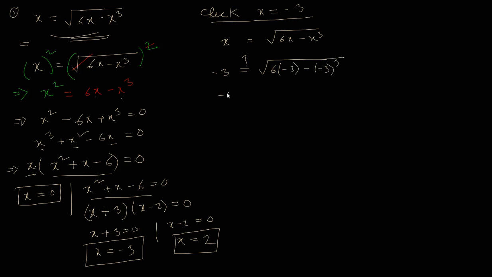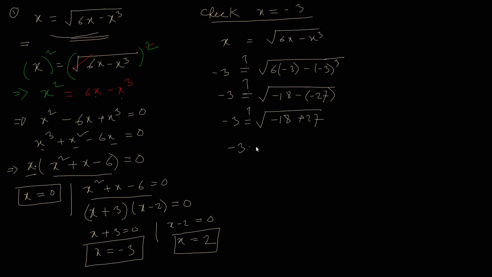So 6 multiplied by negative 3 is negative 18, and negative 3 cube is negative 27. So I get negative 3 and I do not know if it is equal to the square root of negative 18 plus 27.